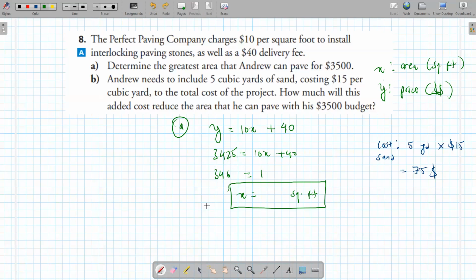You take away 40 from that, you're going to get 3,385 equals 10x. Therefore, the new area is going to be 338.5 square foot for part B. That makes sense? That's it for this question. Pretty simple.